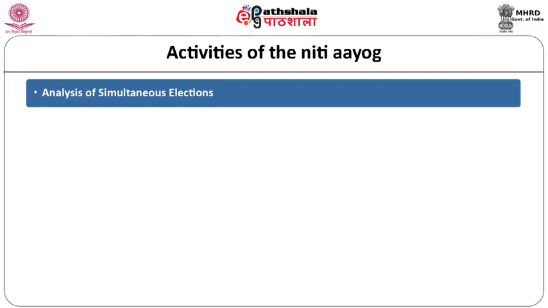Niti Aayog published its analysis examining the need and the viability of holding simultaneous elections. It is essential to outline the scope and meaning of the term at the very outset.